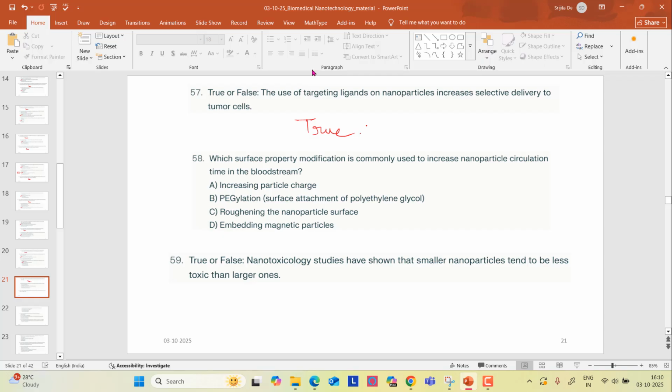Option B, yes. Nanotoxicology studies have shown that smaller nanoparticles tend to be less toxic than larger ones. False. Yes, it is false.